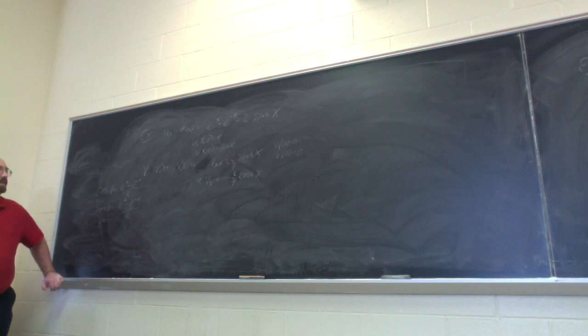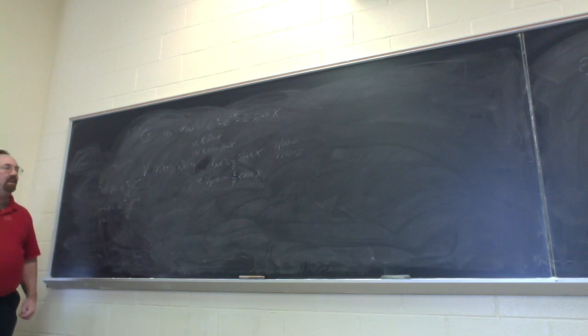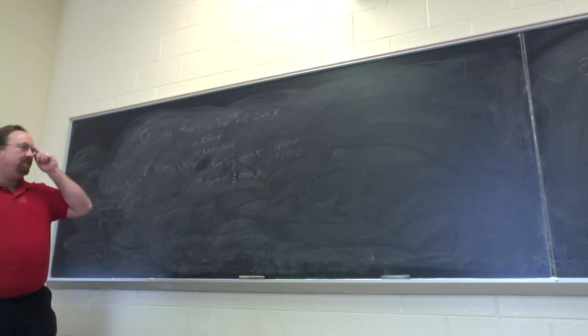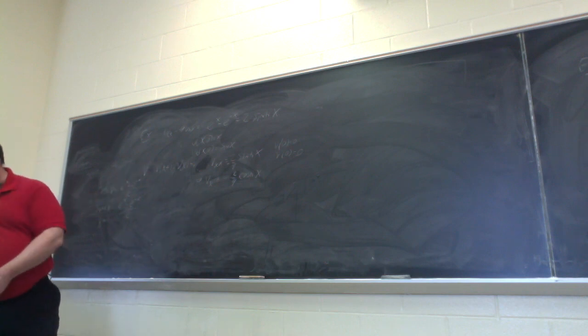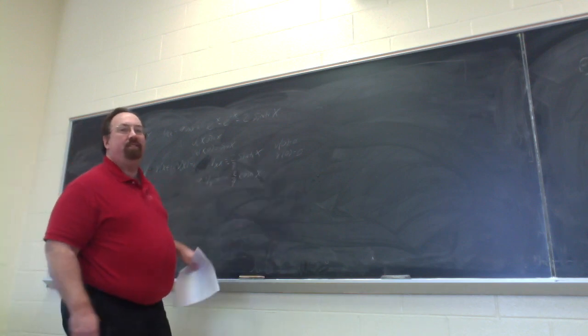It's 1, since e to the 0 is 1, so 1 plus 1 over 2 is 1. So this by itself does not satisfy the initial conditions, so what do I need to do? You just add a constant of integration.